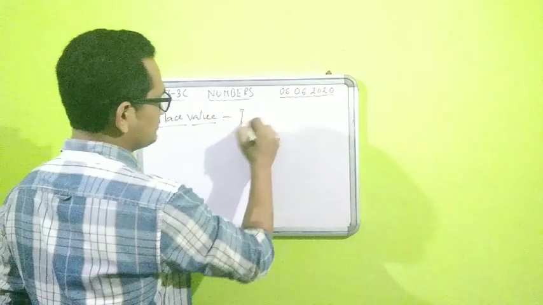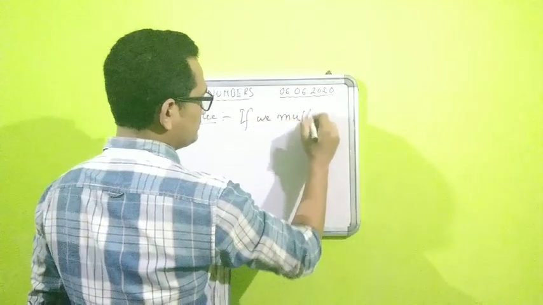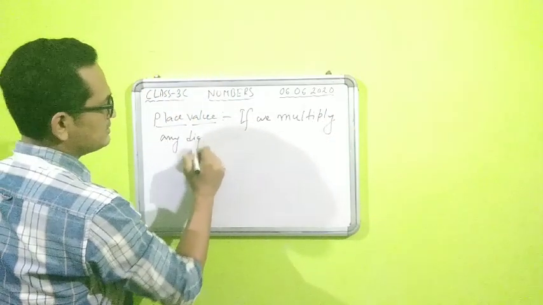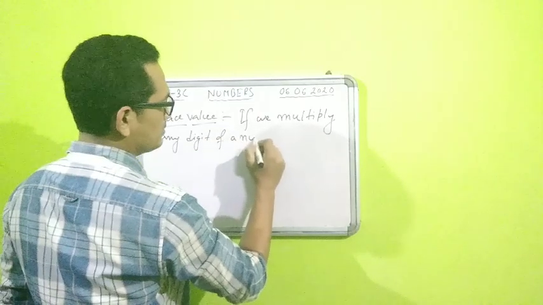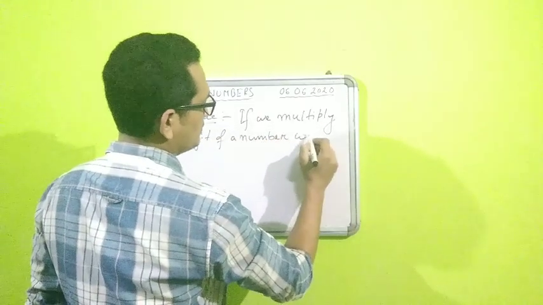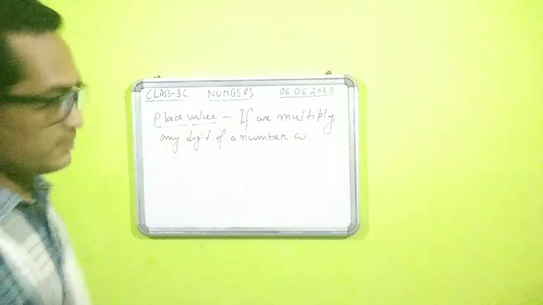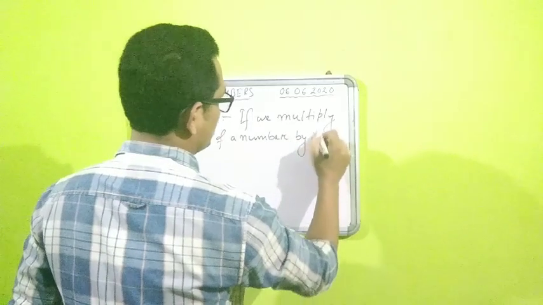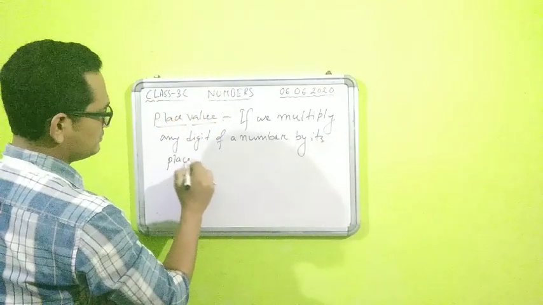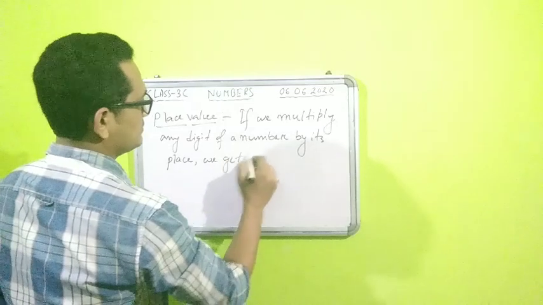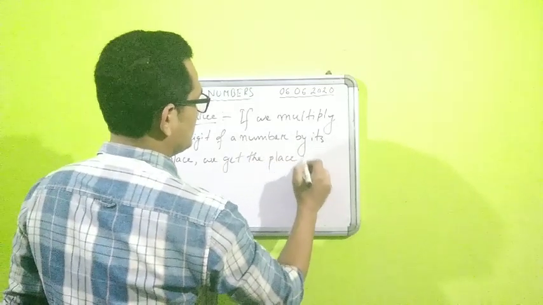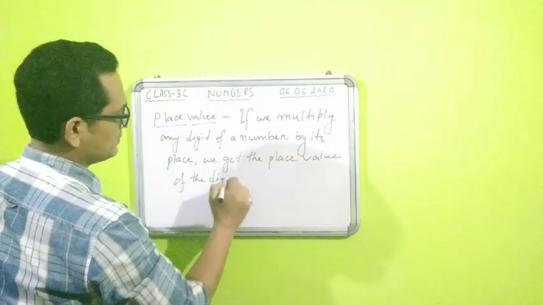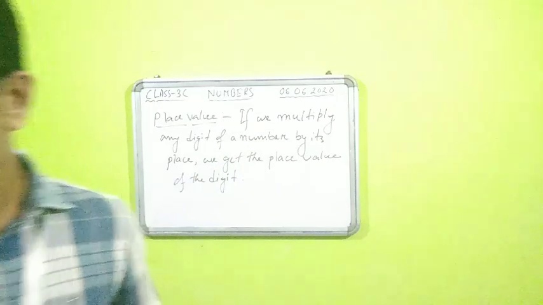If we multiply any digit of a number by its place, we get the place value of the digit. So this is the place value concept, students.